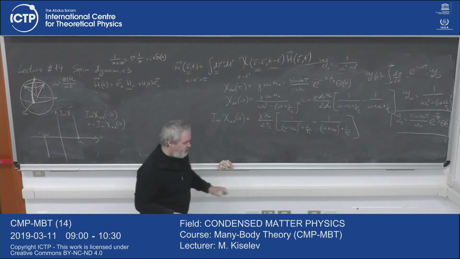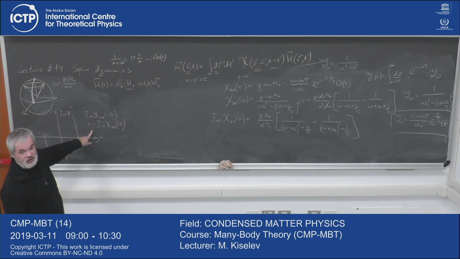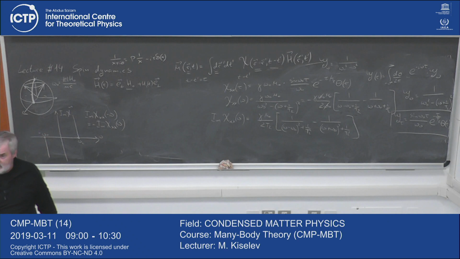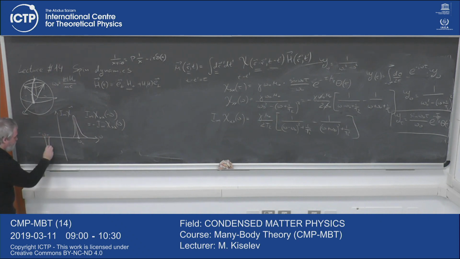So instead of delta functional peaks, I have two Lorentzians, and again you see that the property that the imaginary part of this susceptibility is an odd function of frequency is preserved. So T2 then is associated with Lorentzian broadening of your peaks in the imaginary part. Right?